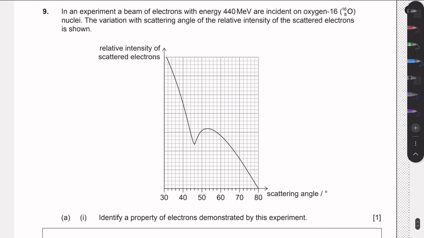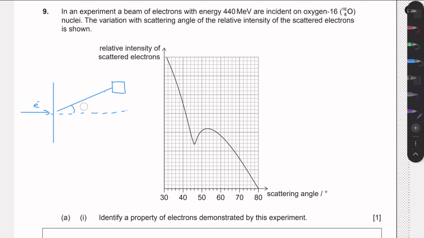So what is going on in this experiment is we have some oxygen nuclei, and we project some electrons onto them in the form of an electron beam, and then we have some observer moving at different angles to our position of incidence.